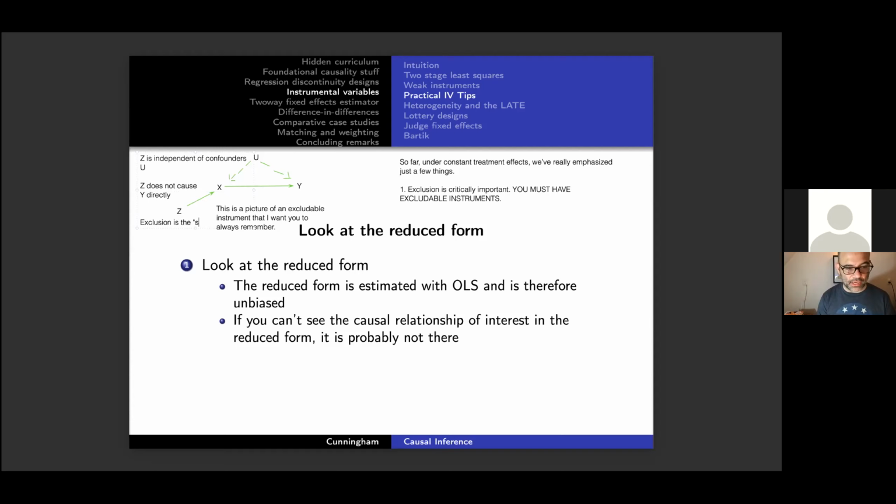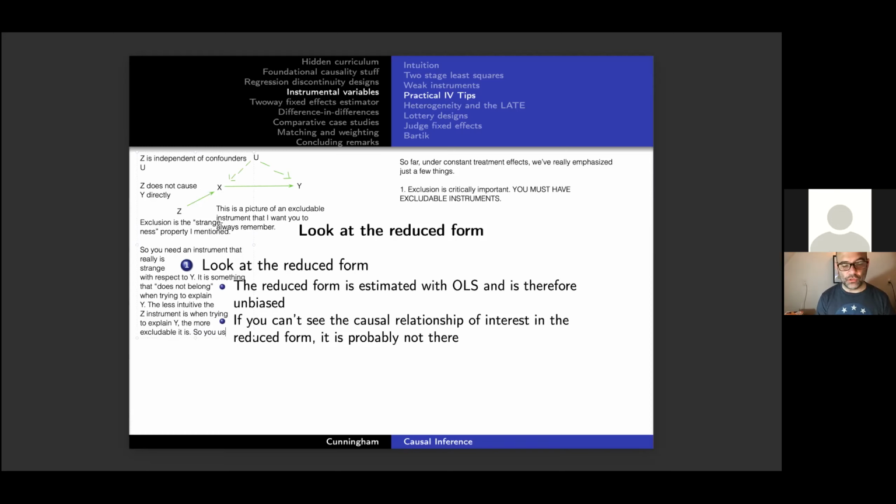Exclusion is the strangeness property I mentioned. So you need an instrument that really is strange with respect to Y. It is something that does not belong when trying to explain Y. The less intuitive the Z instrument is when trying to explain Y, the better, the more excludable it is.